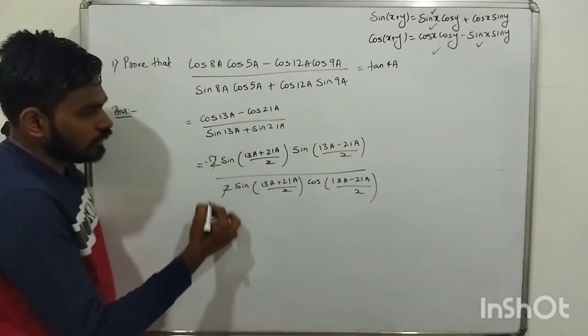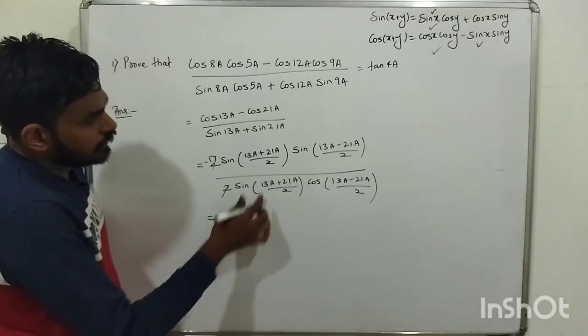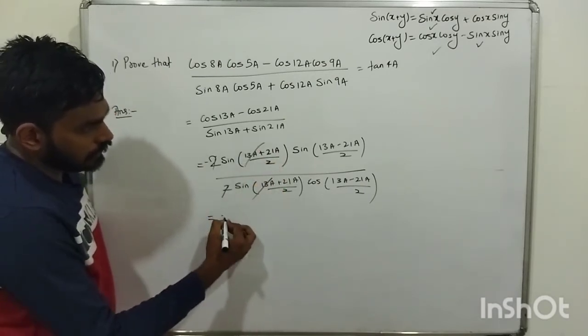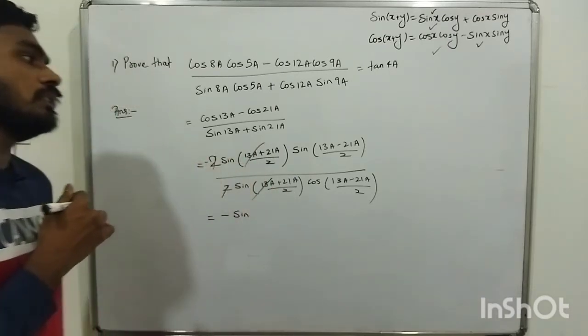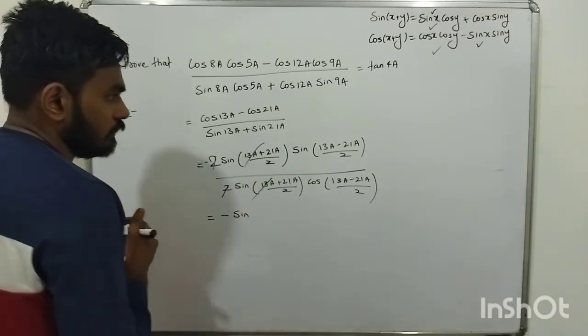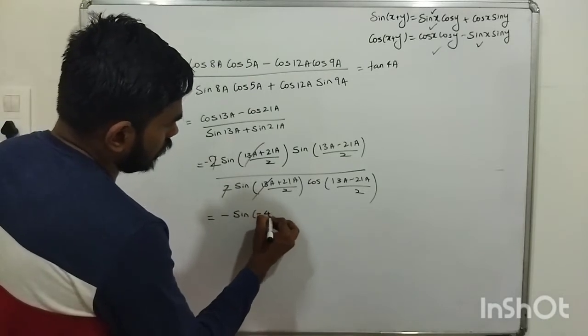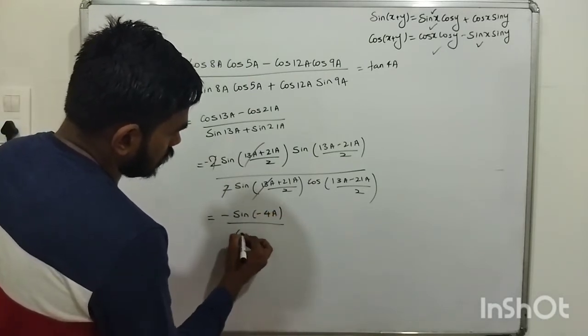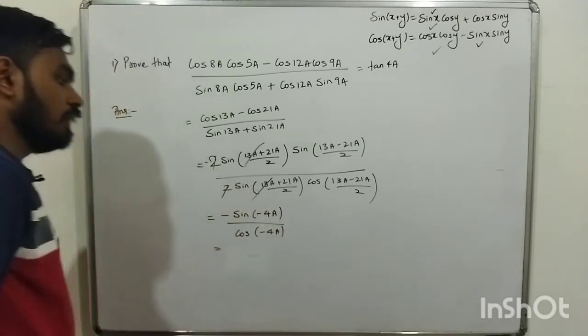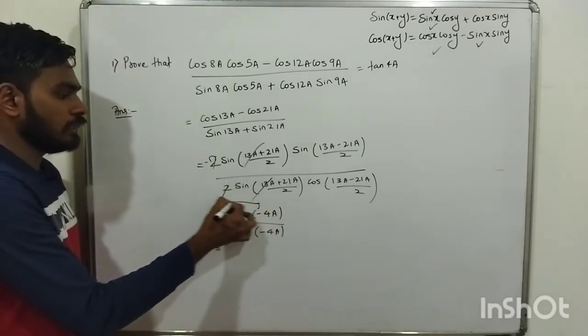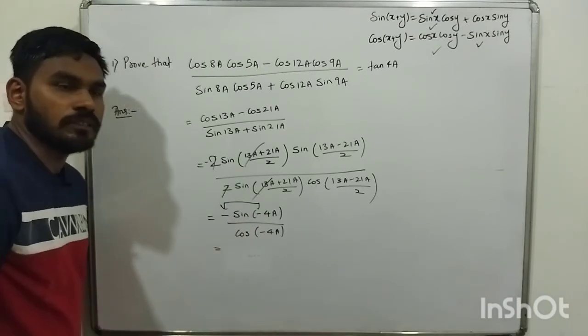So the 2 cancels. Again, this sin and this sin cancel. So minus sin, 21 minus 13 is 8, so minus 8, so minus 4a upon cos, again this is minus 4a. And we know for sine this minus sign comes out, but for cos it disappears.